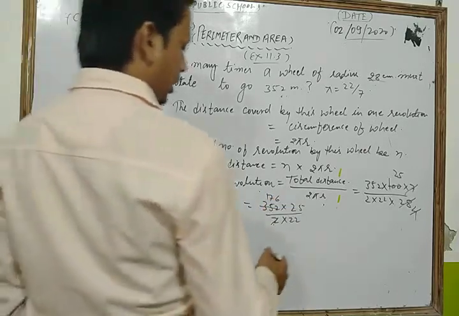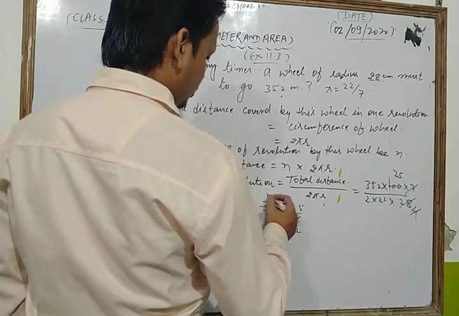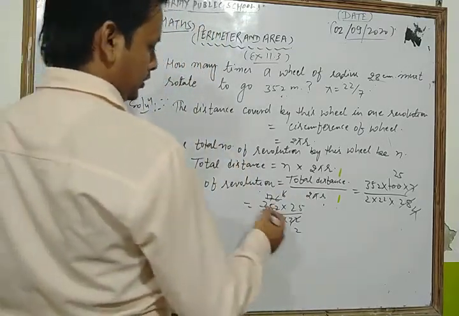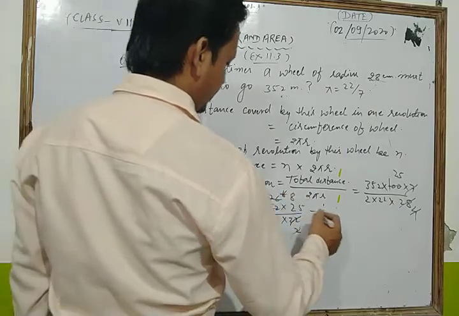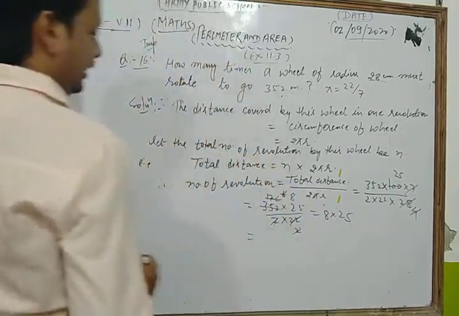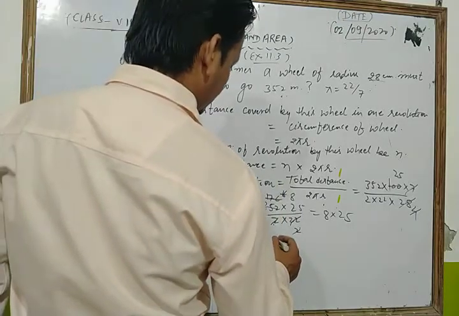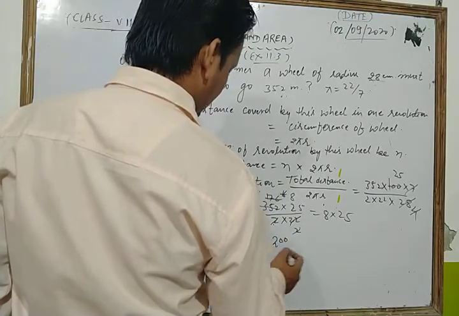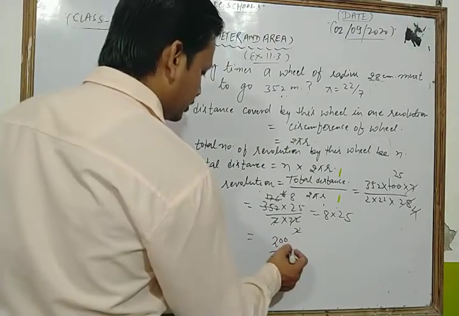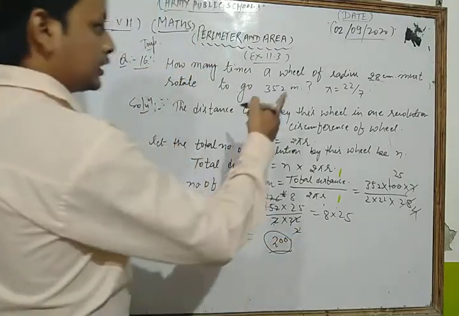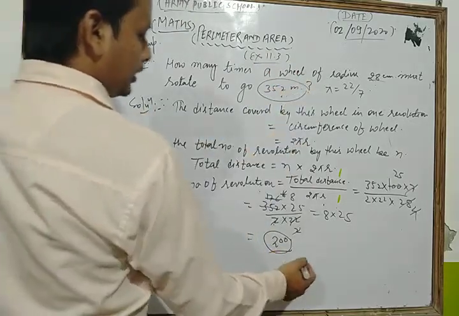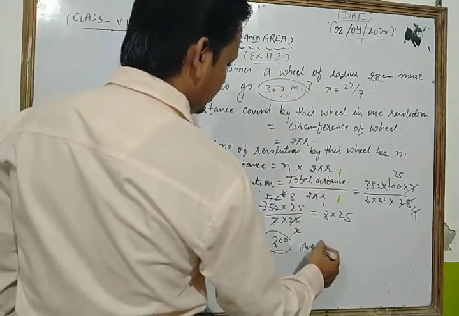Now 11 twos are 22, 11 ones are 11, 6. 2 eights are 8. So we have 8 into 25, which is 200, because 25 times 8 is 200. So dear students, the total number of revolutions by this wheel to complete the total distance of 352 meter is 200. This is our required answer.